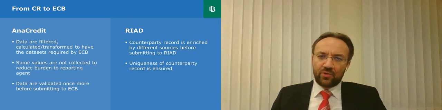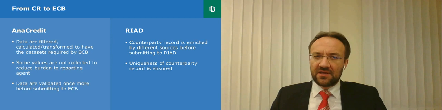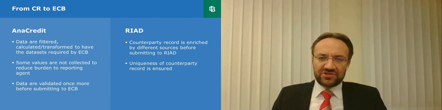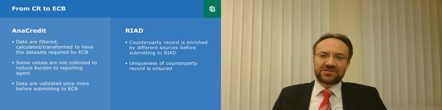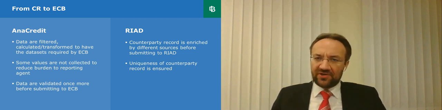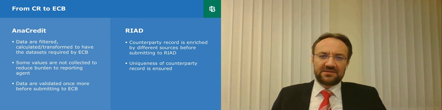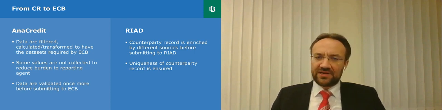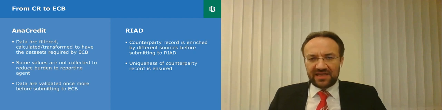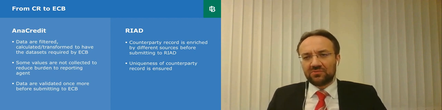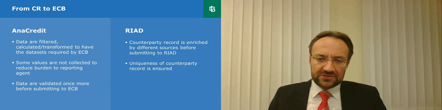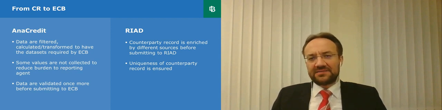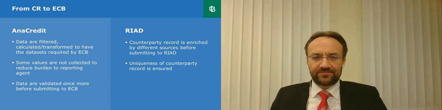So, for example, reporting agents do not have to report such information as non-applicable values for data attributes, as there are corresponding transformation rules that complete these data in ECB AnaCredit reports. Or another example, some attributes and values are broken down into smaller ones for our internal needs, for central banking needs. But before submitting data to the ECB, the Bank of Lithuania aggregates data according to ECB requirements.